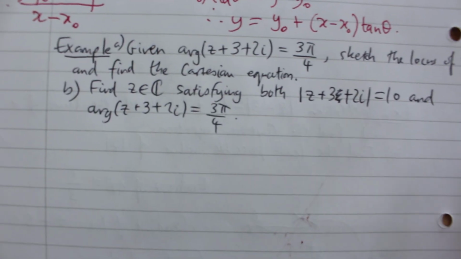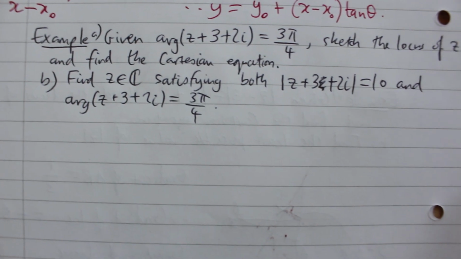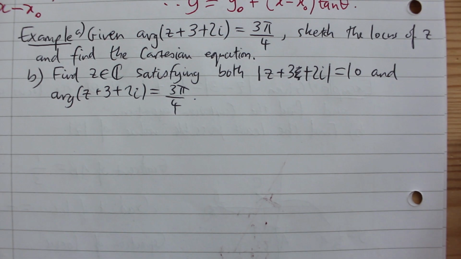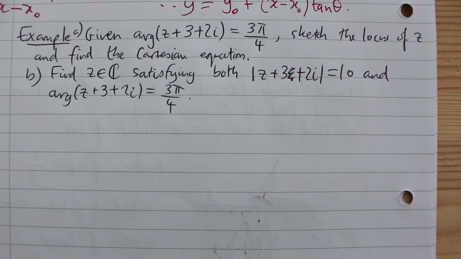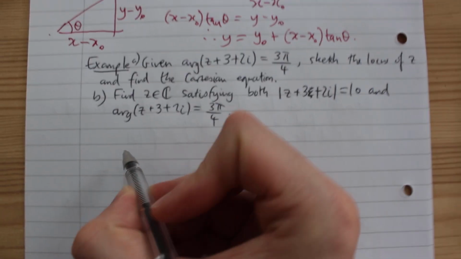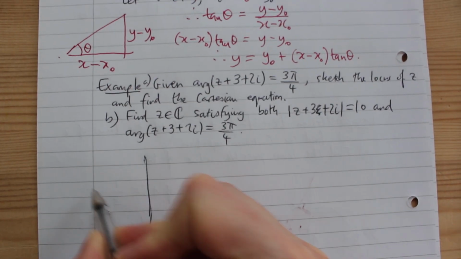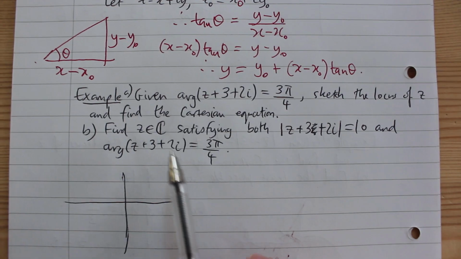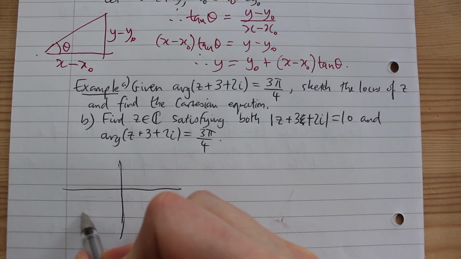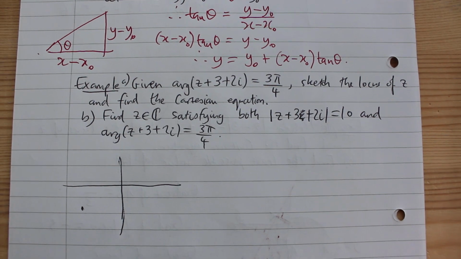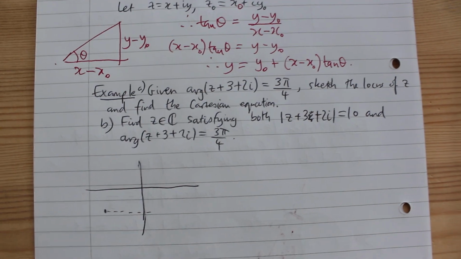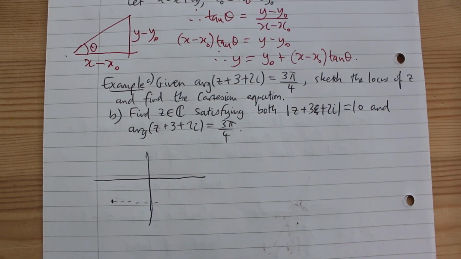So now if we move on to this example: given the argument of z plus 3 plus 2i is 3 pi by 4, sketch the locus of z and find the Cartesian equation. Well, the locus is a ray beginning at the point minus 3 minus 2i, which is down here, that makes angle 3 pi by 4 with this dashed line parallel to the real axis.